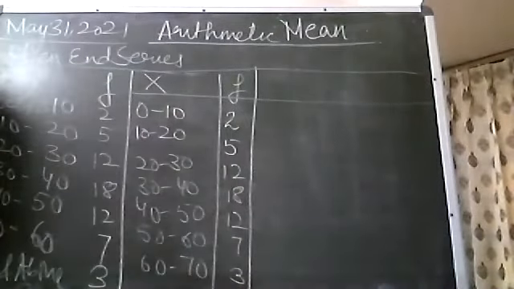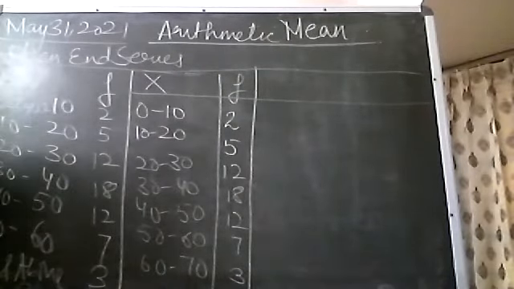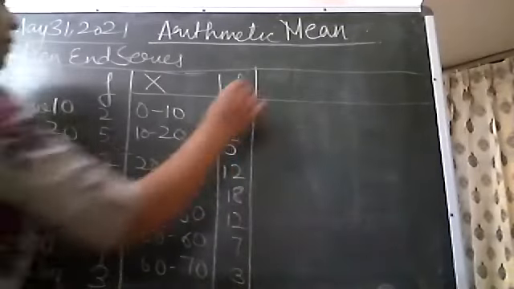You have three methods: direct, shortcut, step deviation. As I mentioned earlier, in case it's not specified which method is to be used and the given series is a continuous series, preferably make use of step deviation method, right?